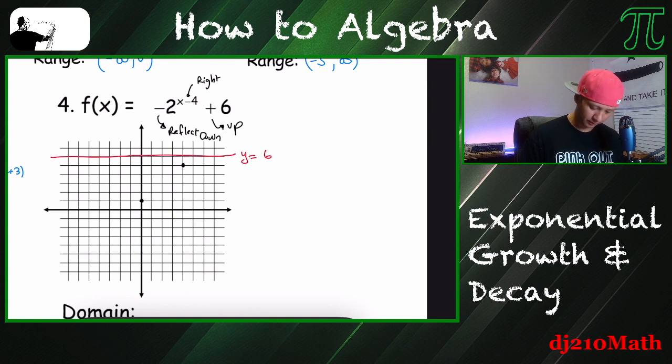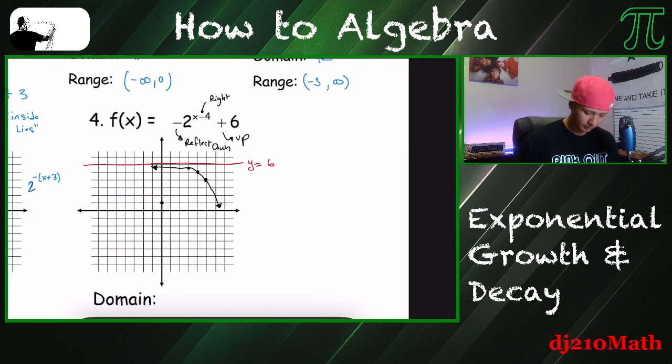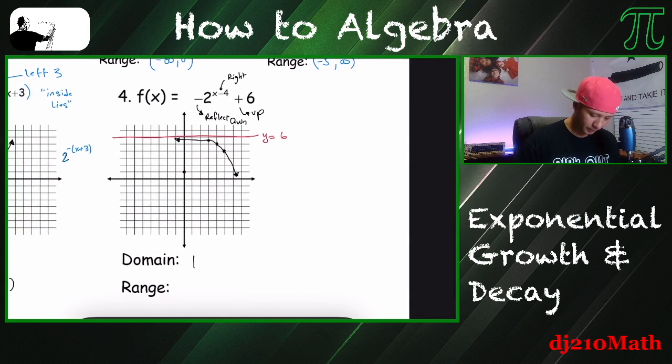Then our points are typically like this. So this is basically what it's going to look like. The domain is always all real numbers. The range in this case is going to be from the horizontal asymptote down. So I know it's going to go down towards negative infinity and go all the way up towards the horizontal asymptote, which is 6. Not including 6, so it gets the parentheses.